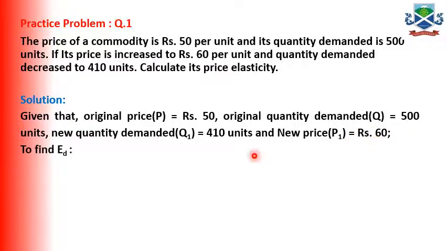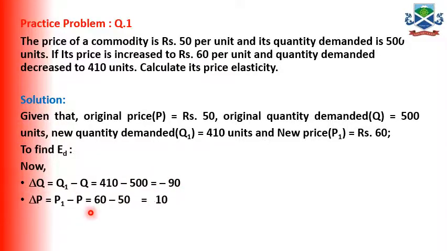Now based on that we use the formula: delta Q by delta P into P by Q, and delta Q is equal to Q1 minus Q, as you have learned in the previous slide, that is change in demand. So we have Q1 value 410 and 500 is your original quantity demand. So we have minus 90 as the change in demand.